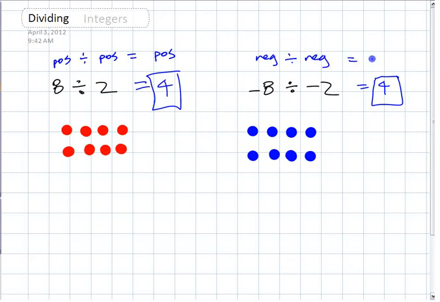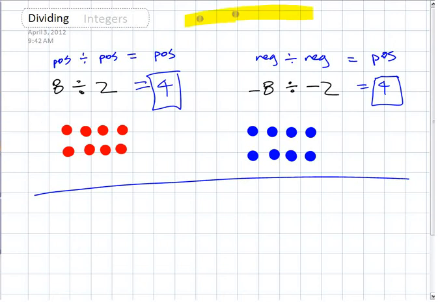Positive. It works the same way as multiplying, okay? Essentially, the rule is the same thing here. If the signs are the same, and you're multiplying or dividing two things, the answer is positive.